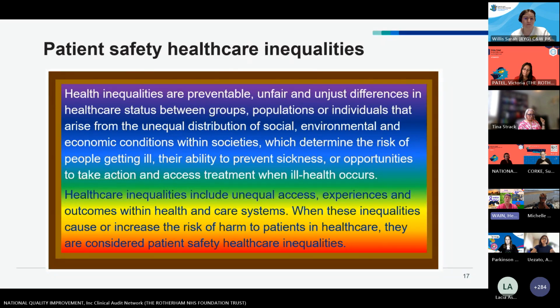And when these inequalities cause harm or increase the risk of harm to patients, they are patient safety healthcare inequalities. As you might imagine, working in patient safety, I often hear that everything's patient safety. So we just needed to have a really clear definition on what we meant by that. So just recently, just last month, we published the Patient Safety Healthcare Inequalities Reduction Framework. Next slide, please.